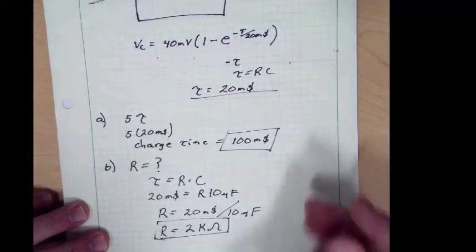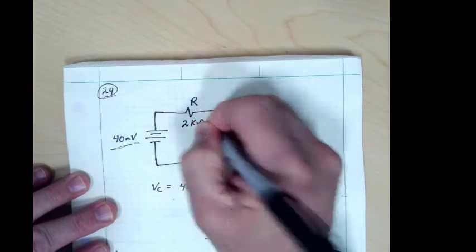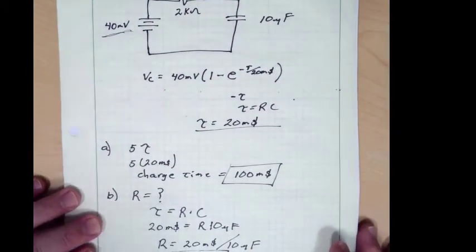So that is the resistance of our circuit. So for this simple RC circuit, the resistance turns out to be 2 kilohms. So that wasn't too bad.